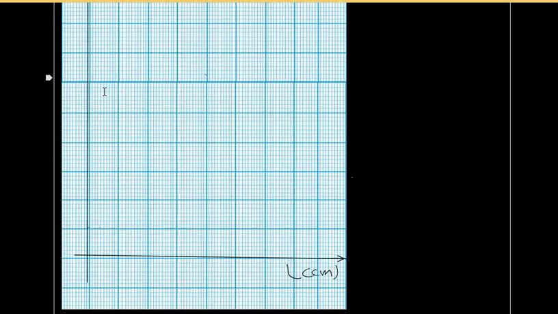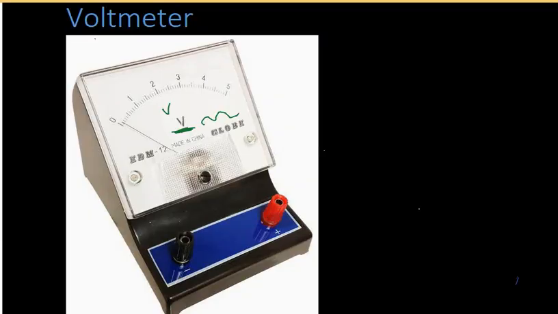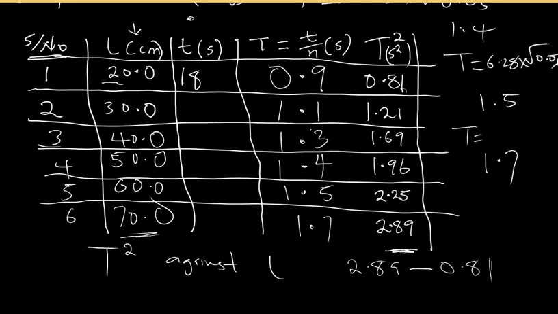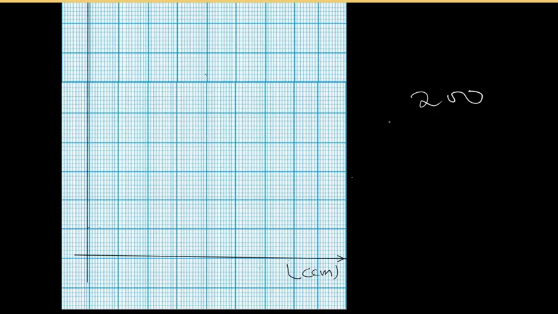What was that value again? Please pardon me. Approximately 2.0, divided by 10 boxes.